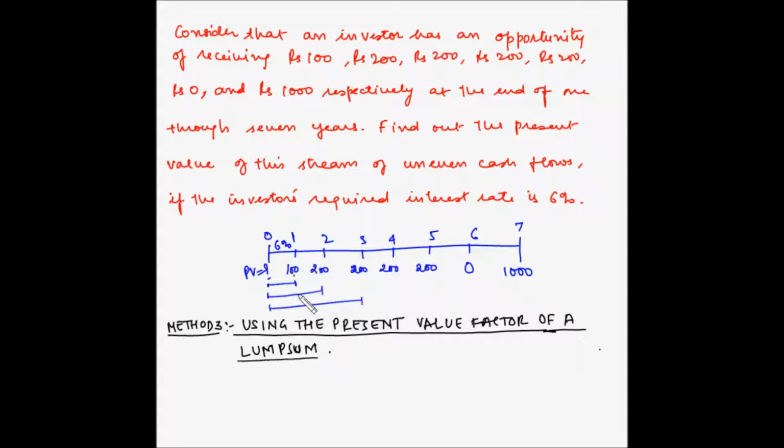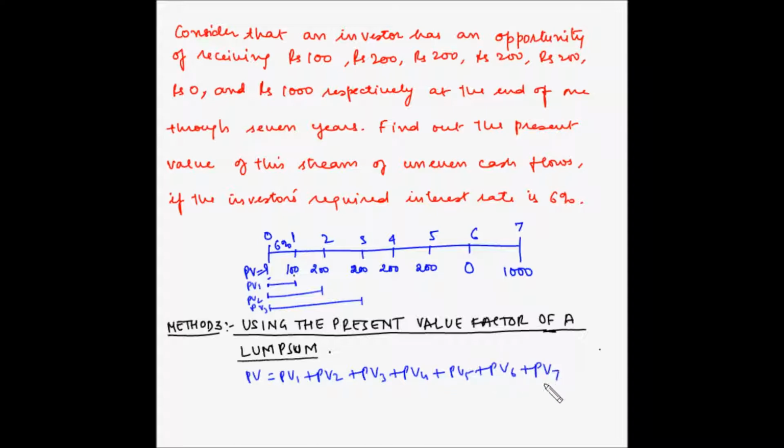So as we had seen in method 1, basically the initial amounts will be PV1, PV2, PV3 and so on. So basically PV, that is the total present value, is equal to PV1 plus PV2 plus PV3 plus PV4 plus PV5 plus PV6 plus PV7.